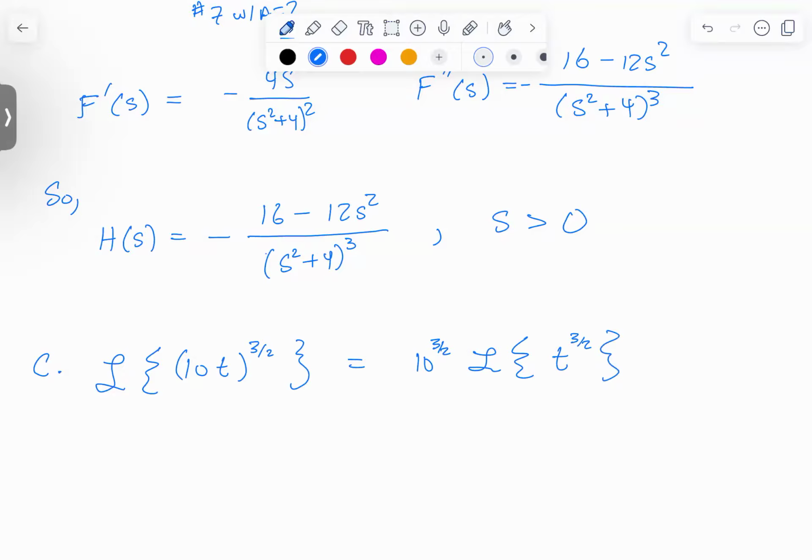So linearity property every time, 10 to the 3/2 power, right? That just comes out. Constants, get them out of the way.